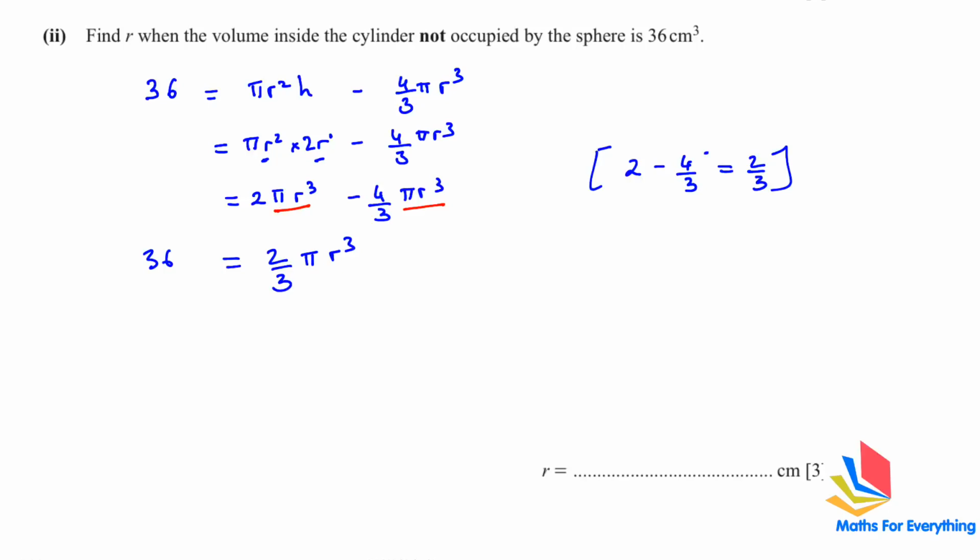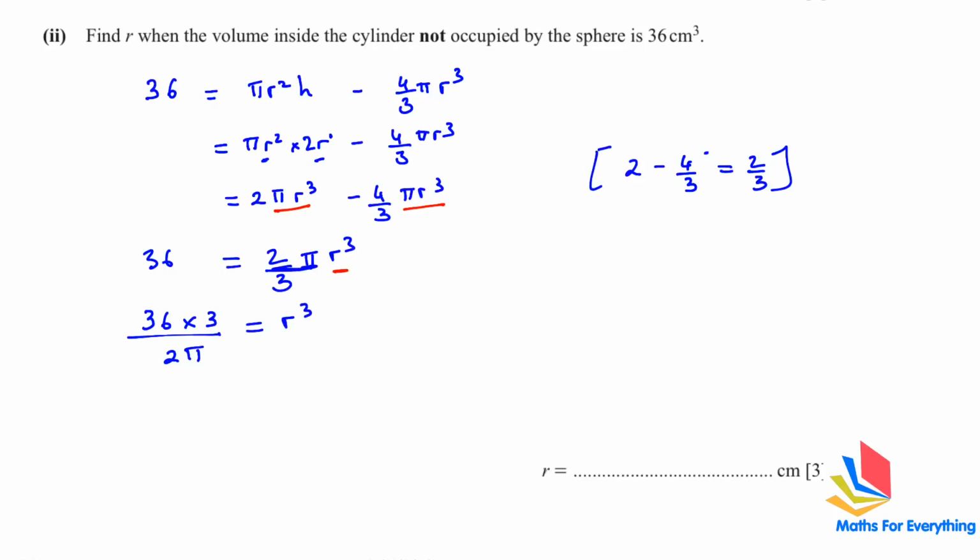If I want to make r the subject, I will have to move all of this to the other side. So again, if this is a divide, when I move to the other side, it's going to be a multiply. Multiply by 3. And 2 pi, which is in the numerator, will go down in the denominator.